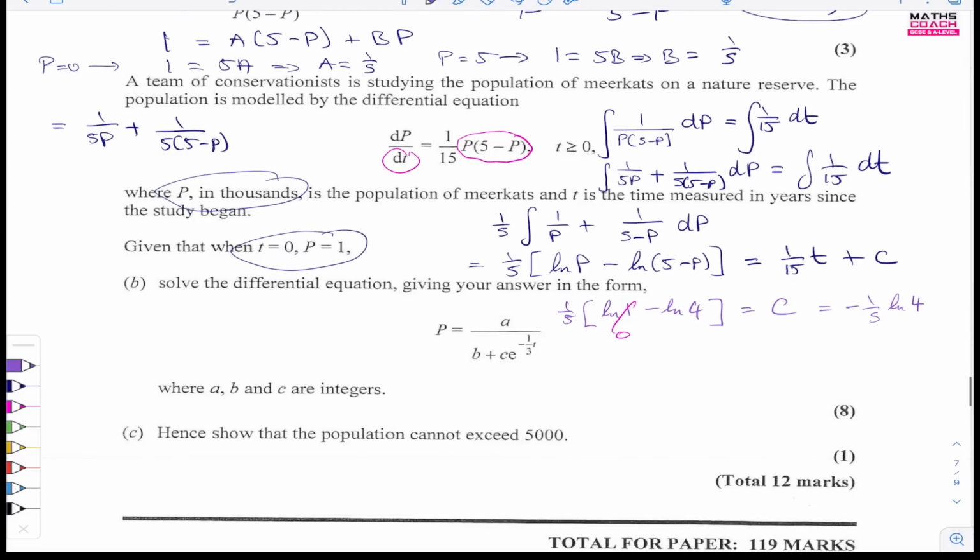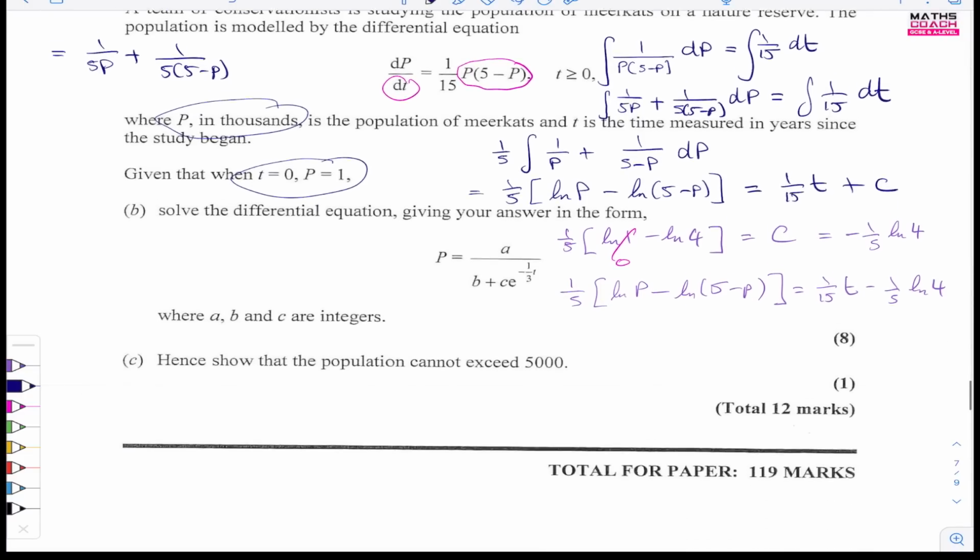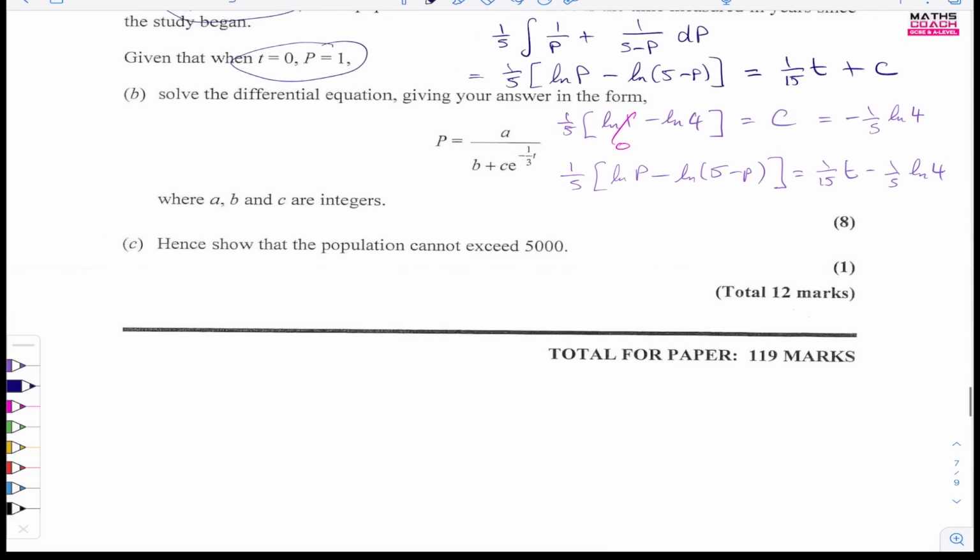So my equation now becomes 1/5 of ln p minus ln of 5 minus p equals 1 over 15 t minus 1 over 5 ln 4. I need to now rearrange this and make p the subject. Right, so let's continue here. We'll get rid of that fraction by multiplying everything by 5.